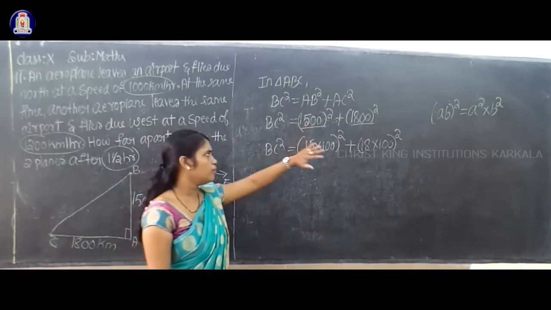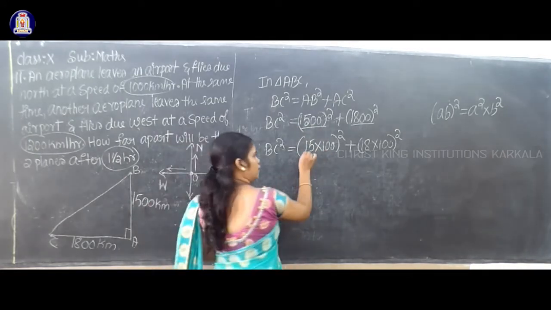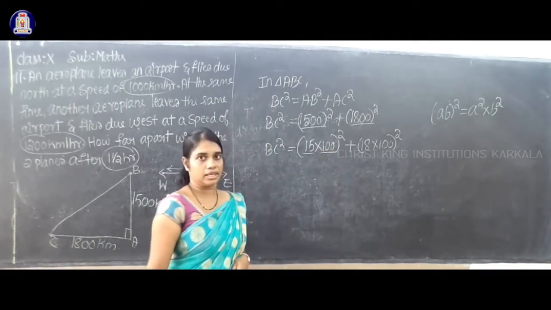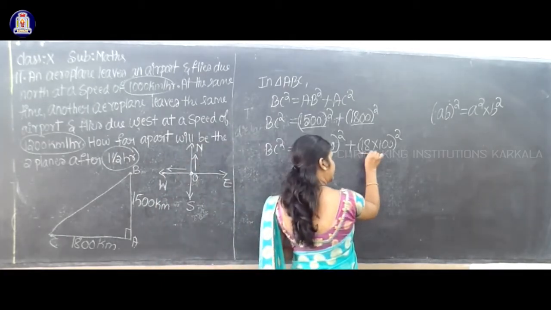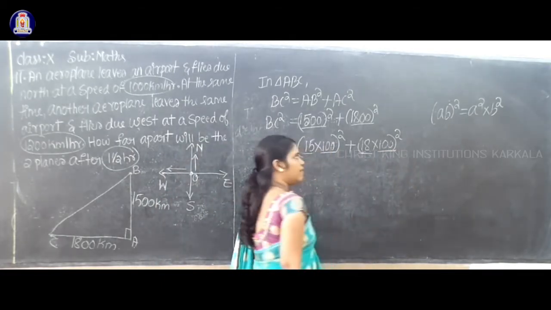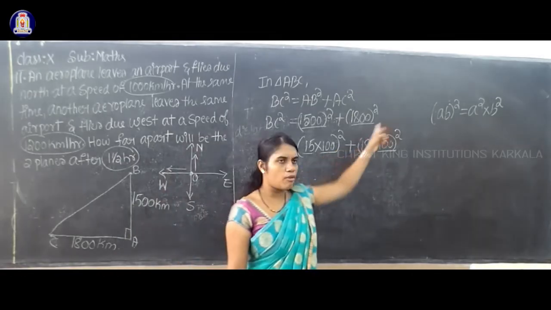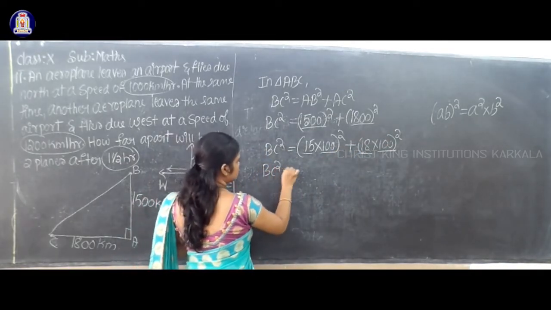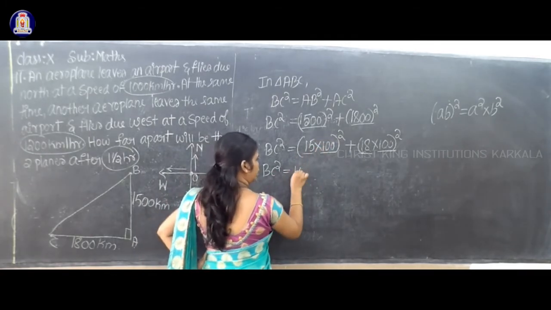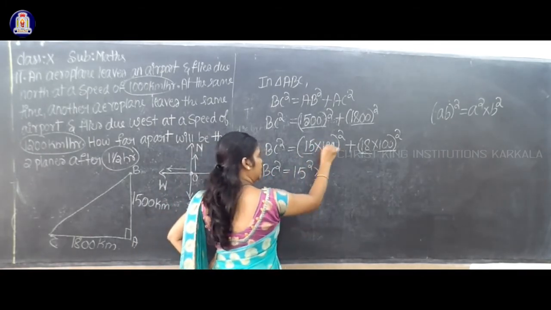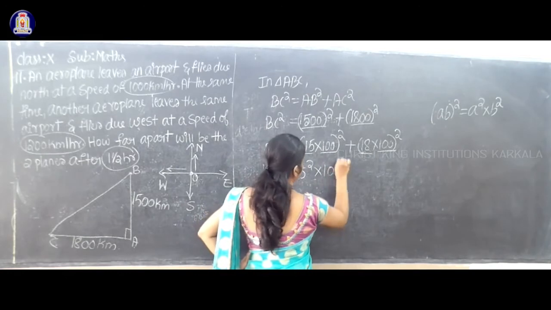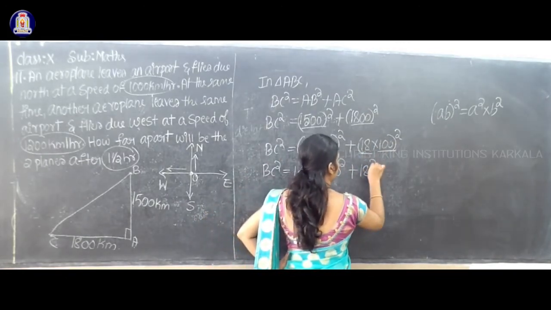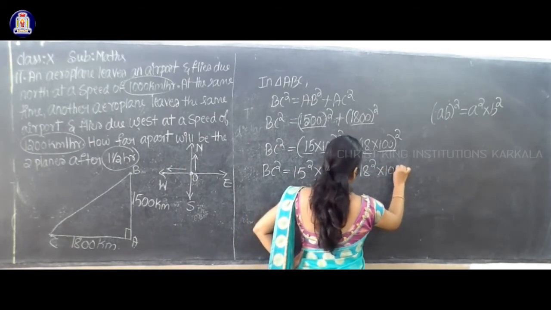So the same formula can I apply here? 15 is the value of A, 100 is the value of B. Again, 18 is the value of A, 100 is the value of B. Shall I apply that formula here? Yes. So BC square equal to 15 square into 100 square plus 18 square into 100 square.